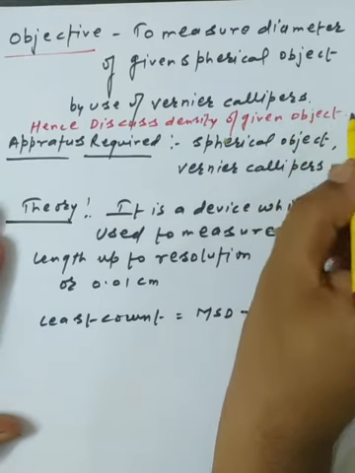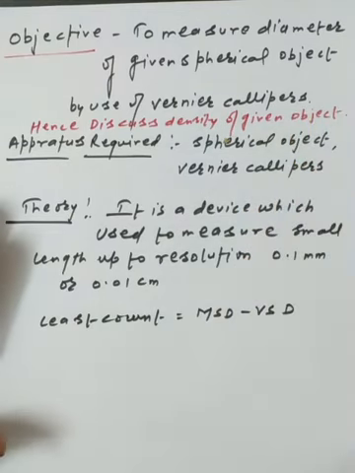So this is the basic objective we have framed here. Already we know that density is mass upon volume.